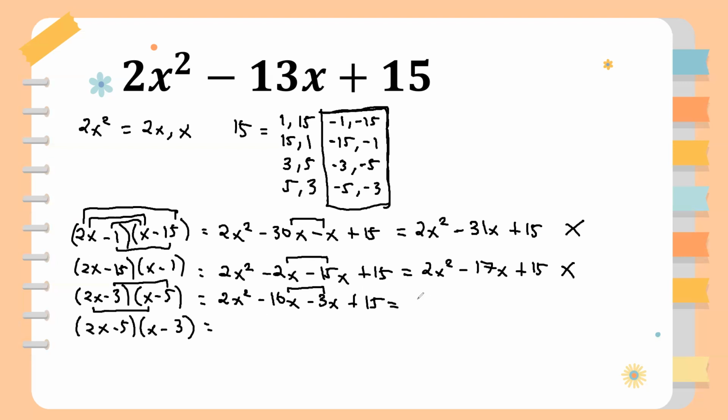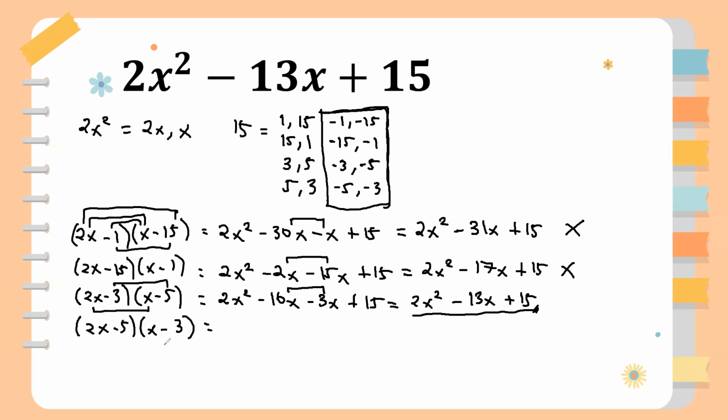Copy lang natin si 2x squared. Then negative 10x minus 3x that is equal to negative 13x plus 15. Right? So, since parehas silang dalawa, ibig sabihin ito yung factored form natin.